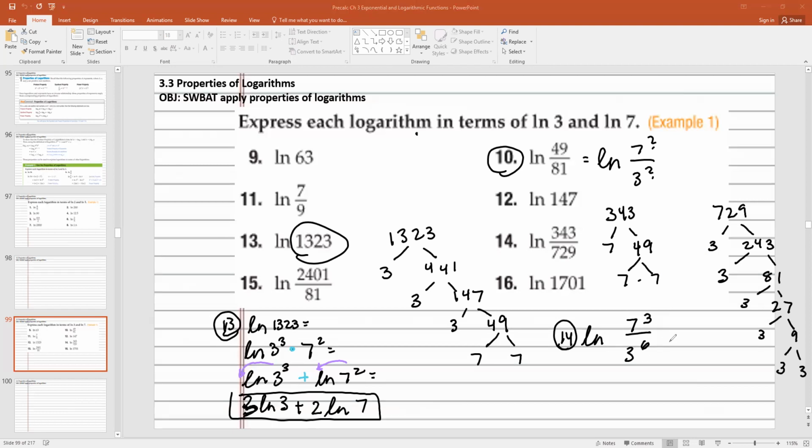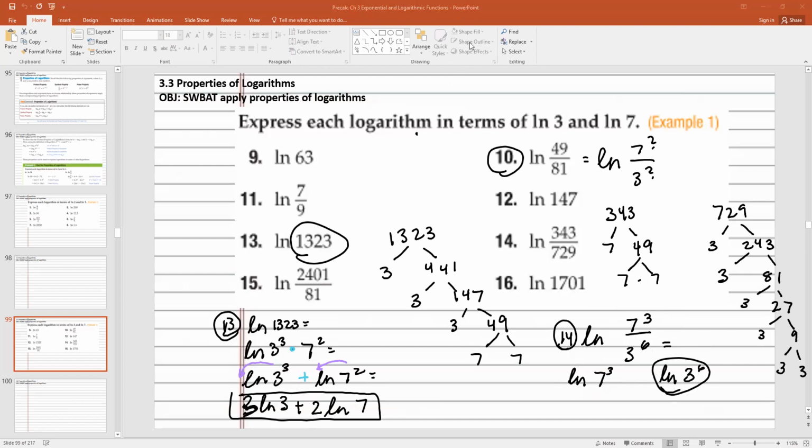Okay, so do the division first, the quotient. So it becomes natural log of 7 cubed, natural log of 3 to the 6. And the numerator, the top part always goes in front. Whatever is in the denominator, whatever is in the bottom, that's going to be minus. That's the one that we're subtracting.